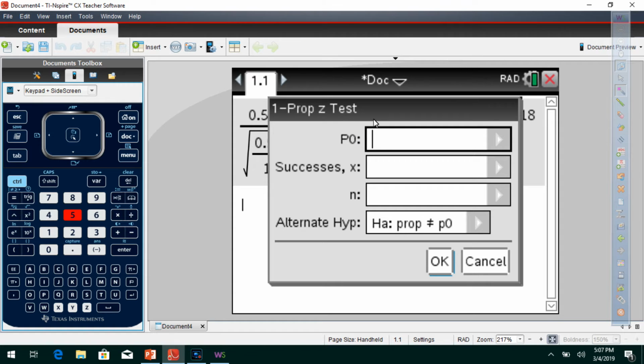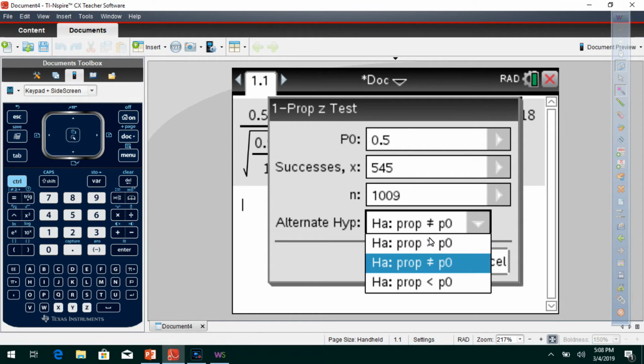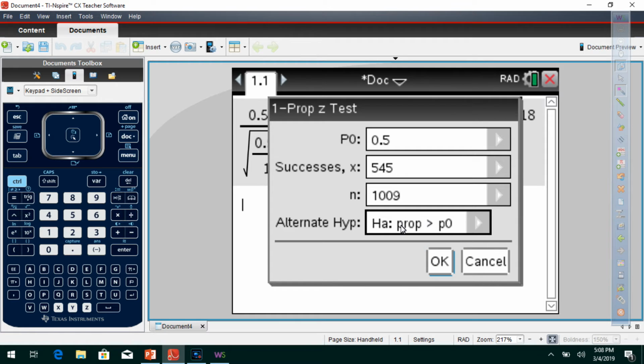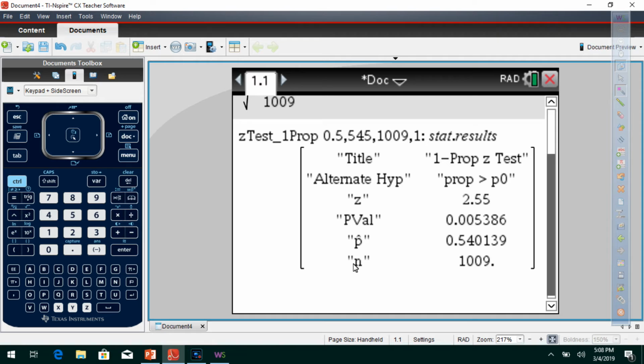Our p is 0.5, and then successes, we found 545. N was 1009. And our alternative hypothesis was p is greater than. All right, so let's hit it.